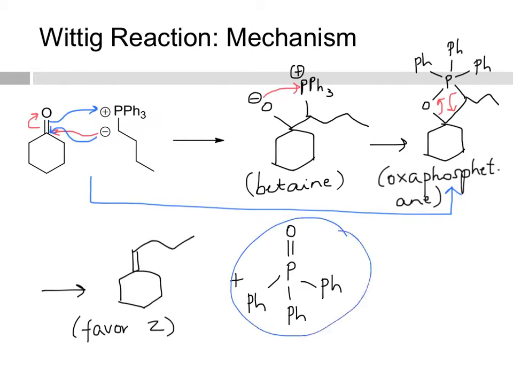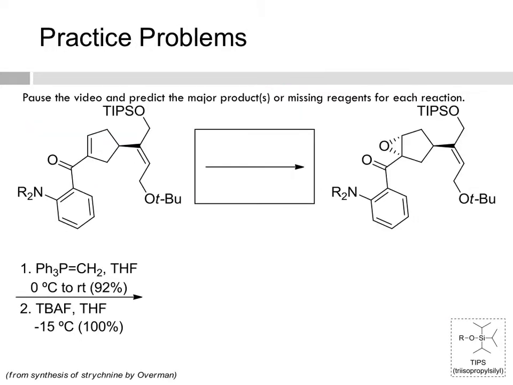Triphenylphosphine oxide is the driving force of this reaction, and that's because it forms a very, very stable phosphorus-oxygen double bond. Now pause the video and predict the major product or missing reagent for each reaction.